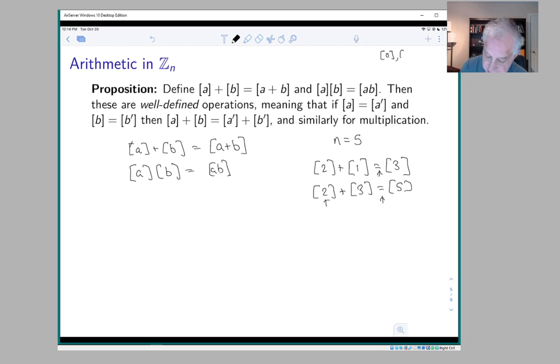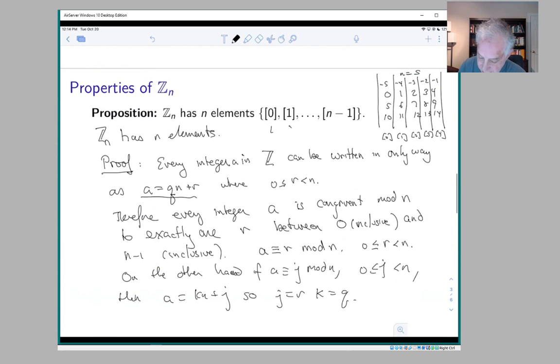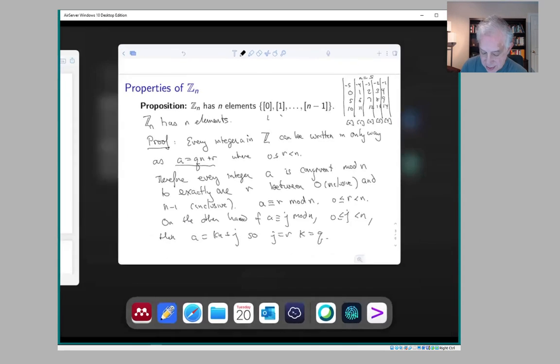Remember, the equivalence classes were [0], [1], up to [4] if we were working mod 5. Except that it really is, because the equivalence class of 5 is actually the same as the equivalence class of 0. Go back to this picture here. All of the multiples of 5 are in a single equivalence class.